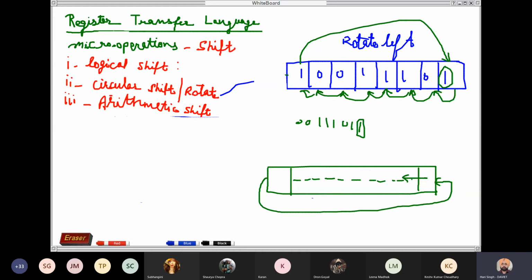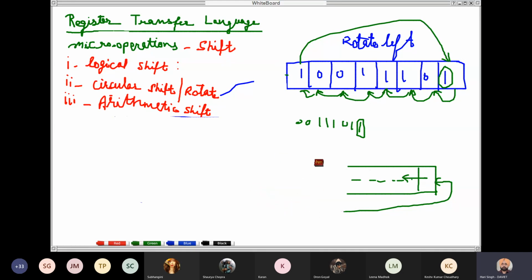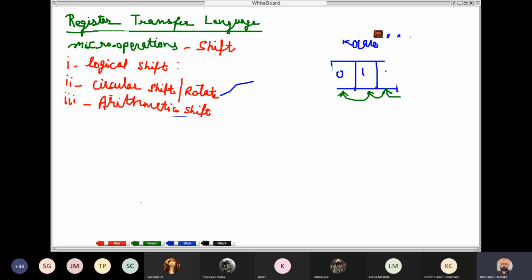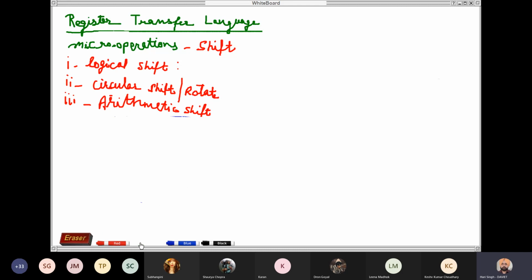Okay. Next is arithmetic shift operation. So in arithmetic shift operation, the sign bit remains the same. That is, the sign bit is retained, and the rest of the operation is similar to the logical shift and circular shift operation.